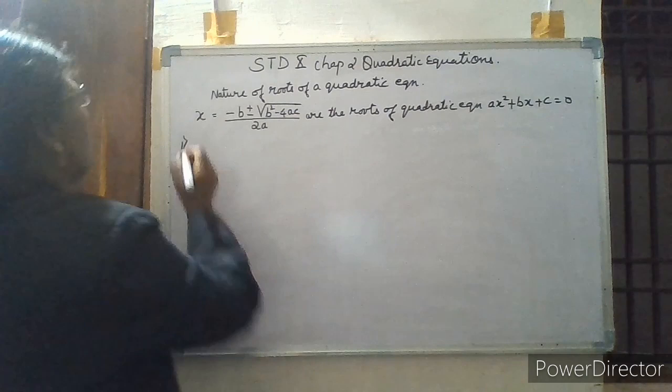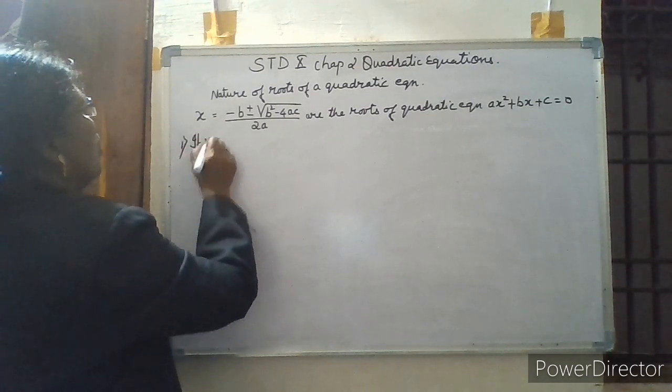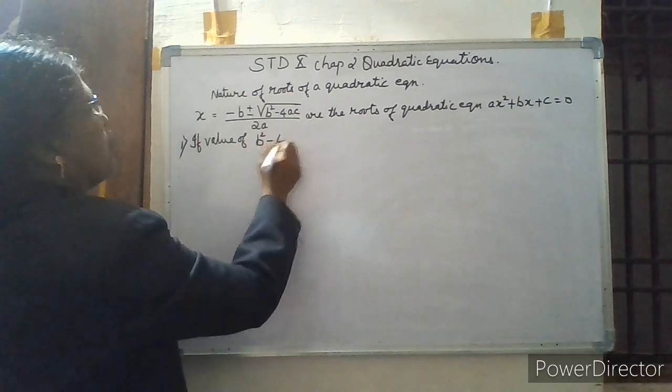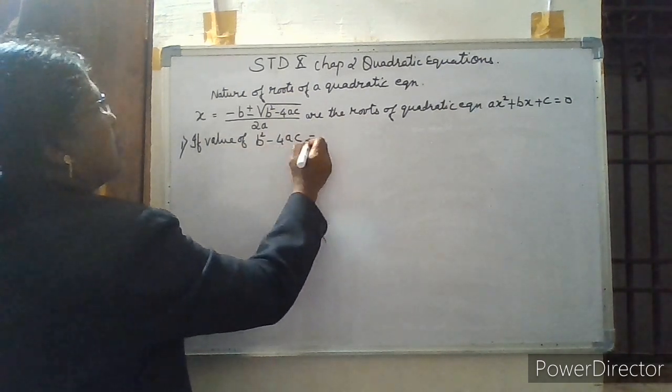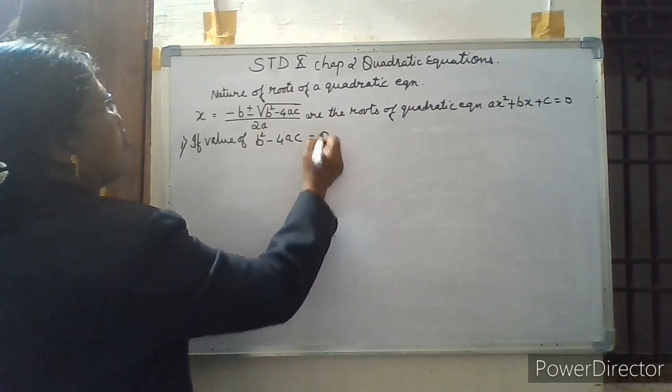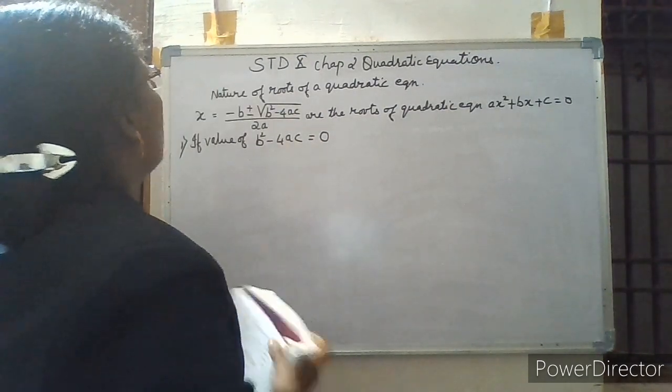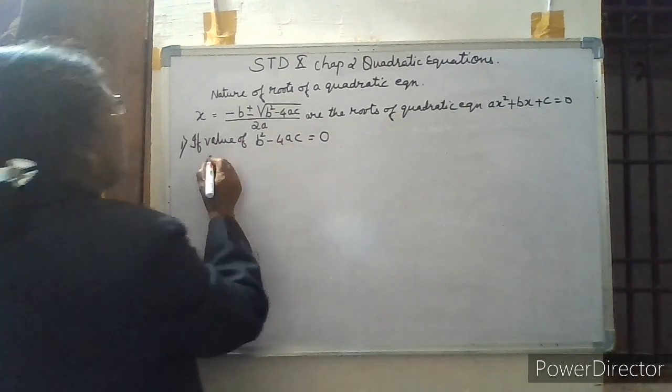So, if the value of b squared minus 4ac is equal to 0, suppose we get it is equal to 0. Now, when it is equal to 0, then what will happen?